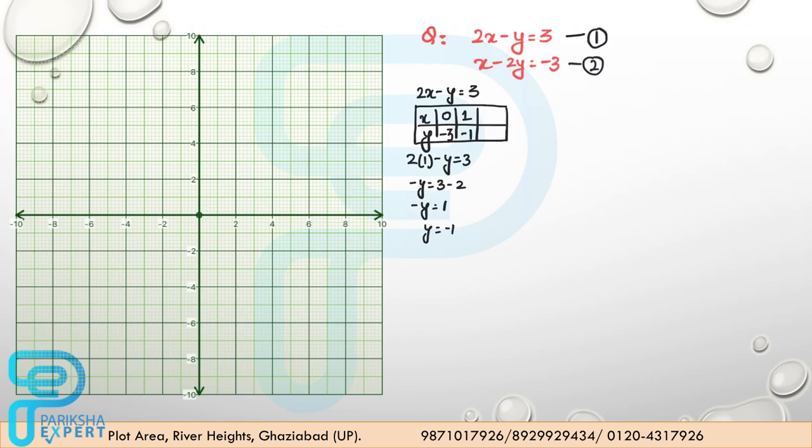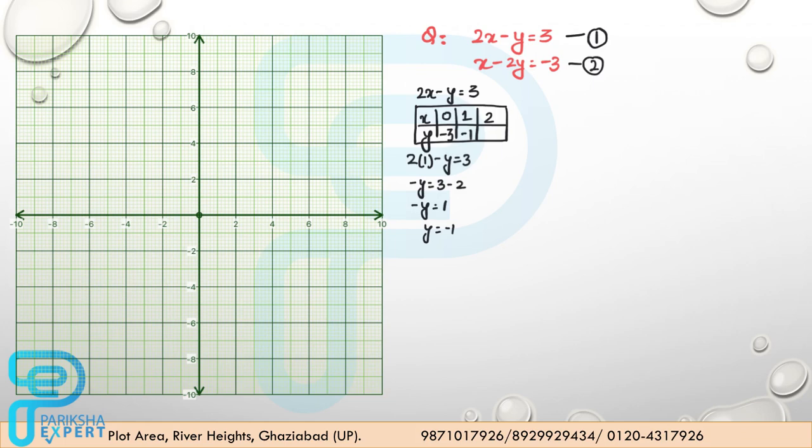Now let us take the value of x as 2. We try to take the values of x and y in such a manner that, out of the two variables, the one which has the coefficient as 1, we try to avoid that and assume the value for the other variable. Like in this case, I am always assuming the value of x.